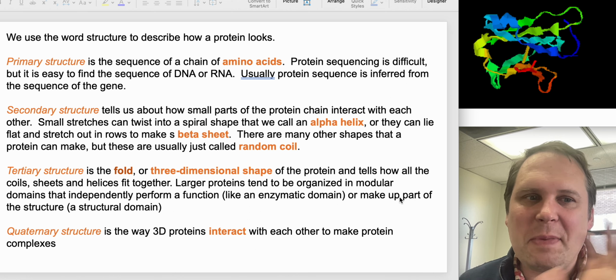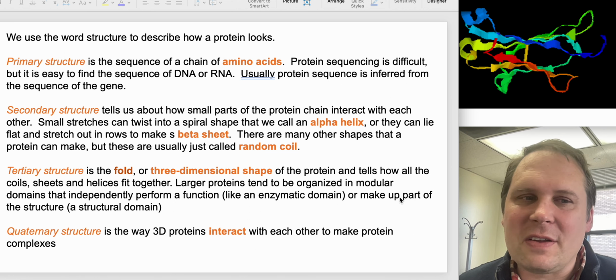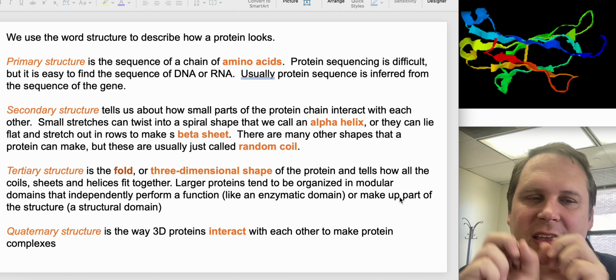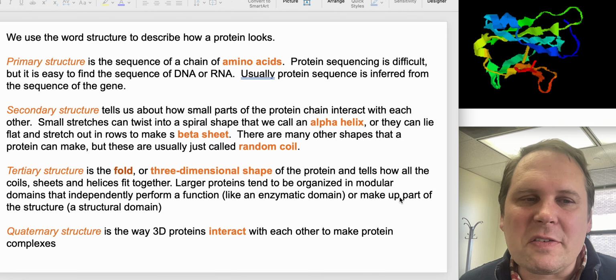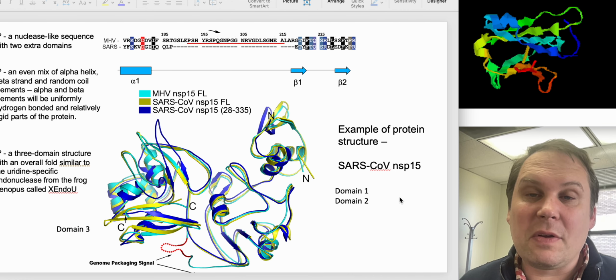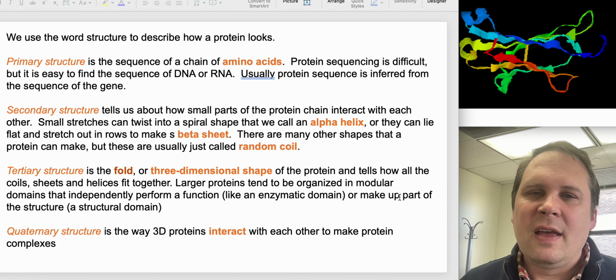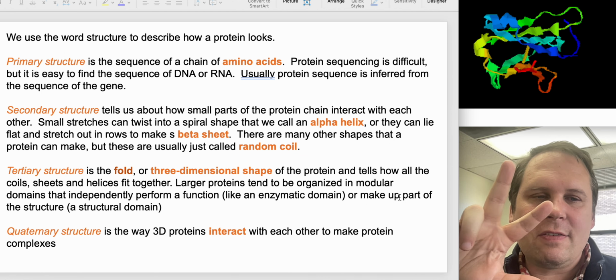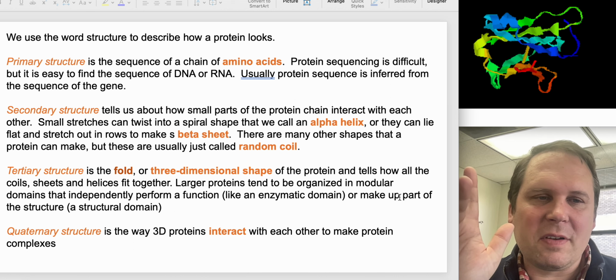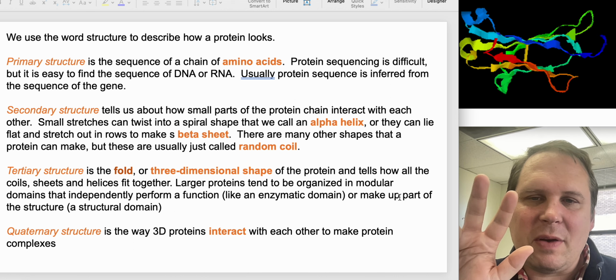And then I think that space-filling models are also very nice for understanding quaternary structure, how multiple protein chains can come together to form a larger unit. So for example, in the coronavirus spike, there are 3 chains that each have a primary structure that's a little less than 1,300 amino acids long.